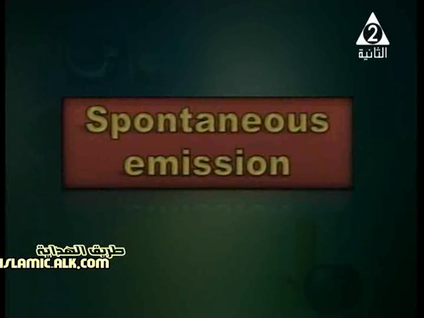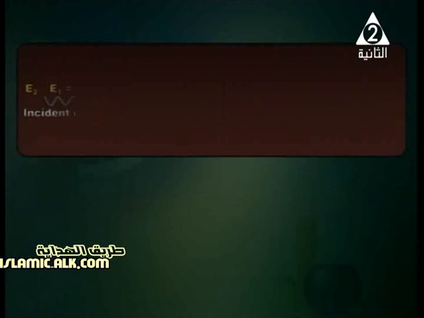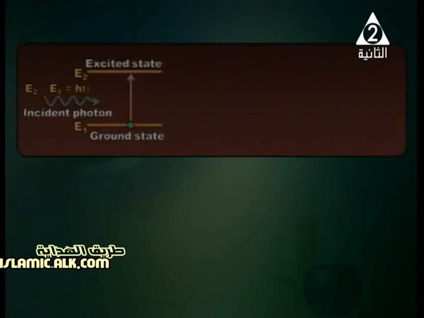The first type, as I said, is spontaneous emission. In front of you, we'll focus on spontaneous emission. Here we've got an atom in which the electron is found in the ground state, and we've got an incident photon having a certain energy, which is the difference between E1 and E2.